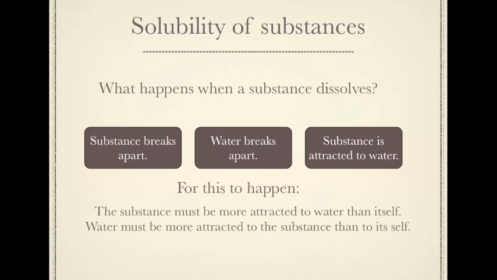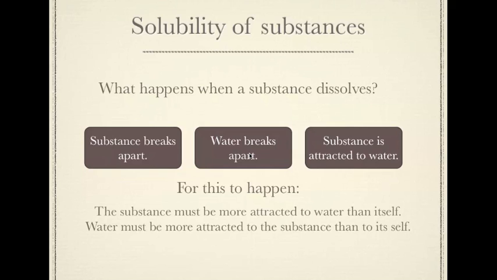What happens when a substance dissolves? Well, three things must happen for a substance to be able to dissolve. We first of all have to have the substance break apart. If the substance doesn't break apart, it's going to be stuck as a lump in our water. The second thing, water must break apart, because at the moment molecules of water are all attracted to one another.